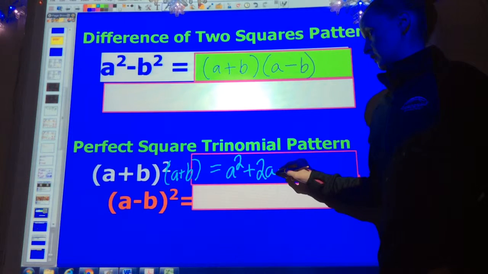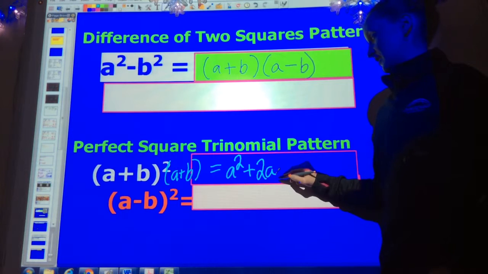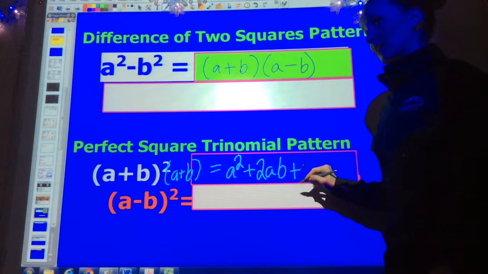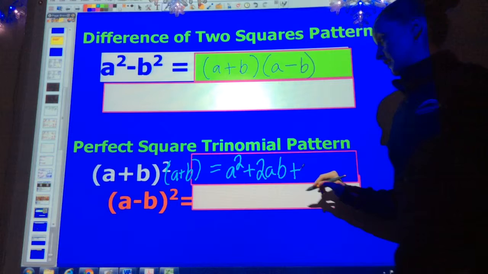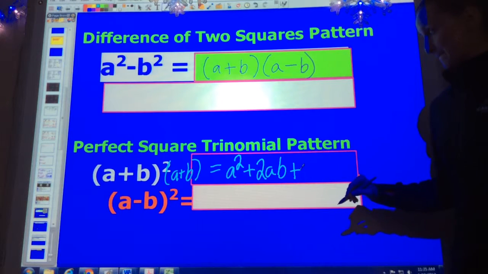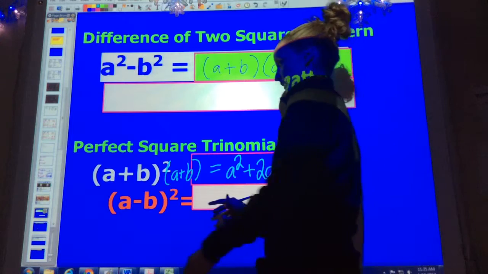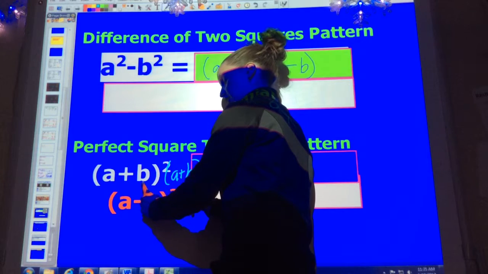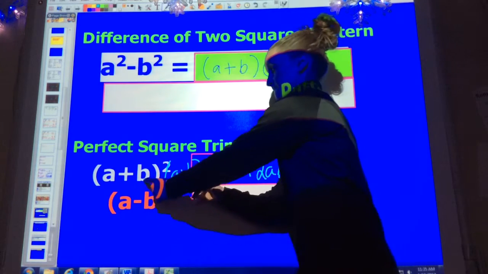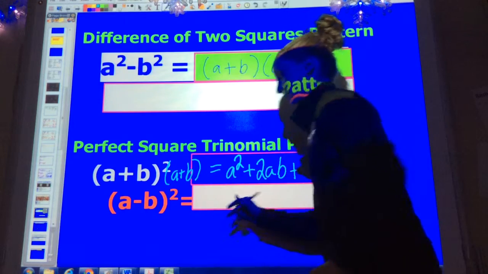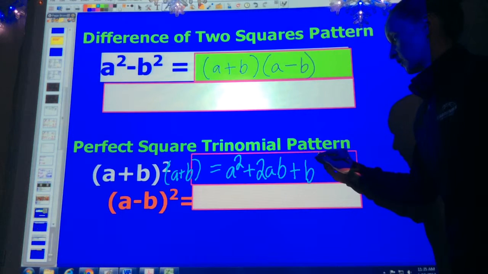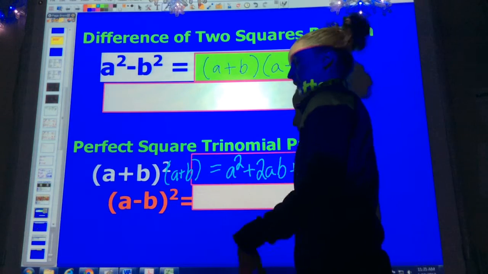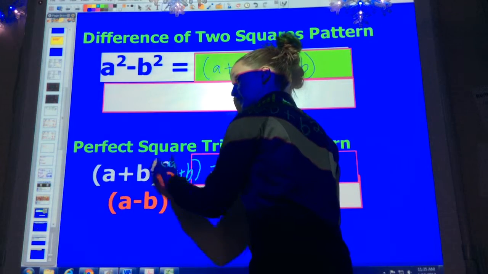A squared plus AB plus AB plus B squared.